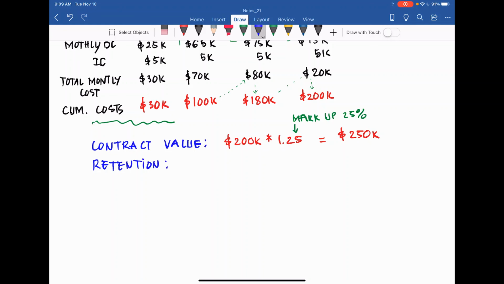We have 5% times 250,000, the contract amount, which means the maximum retention equals 12,500.